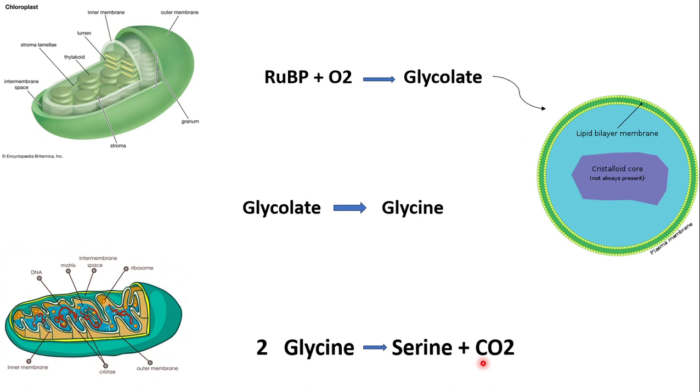So guys, this photorespiration process is not very essential for plants and many plants grow perfectly without this process of photorespiration. So this is the overall pathway in which photorespiration is carried out.